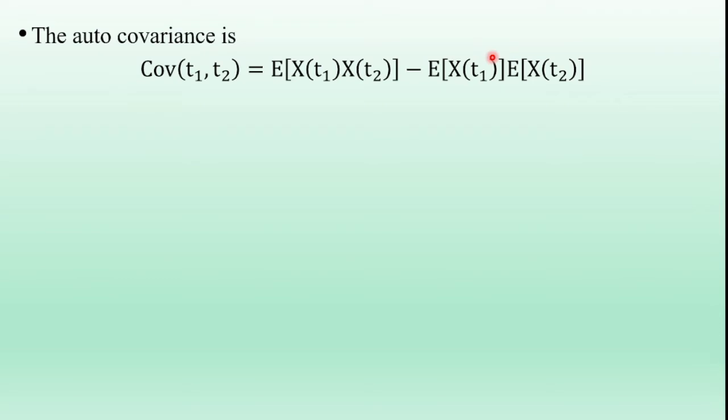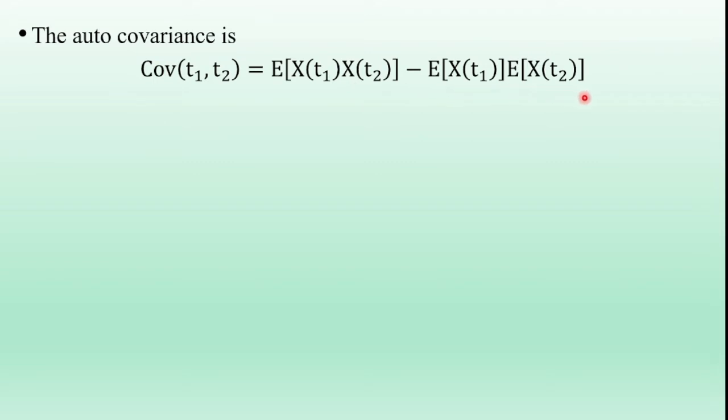Next, find the autocovariance of the random process x of t. We know that the autocovariance is covariance of t1 comma t2 equal to expectation of x of t1 into x of t2 minus expectation of x of t1 into expectation of x of t2.